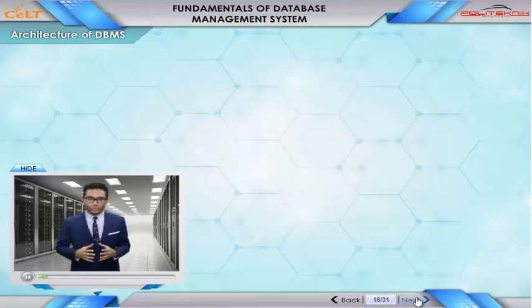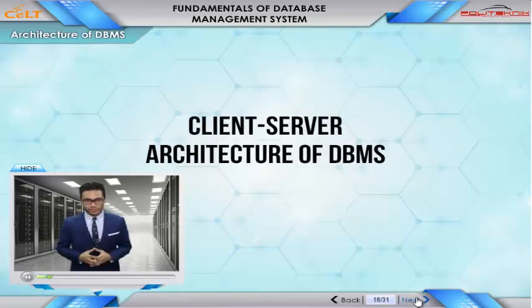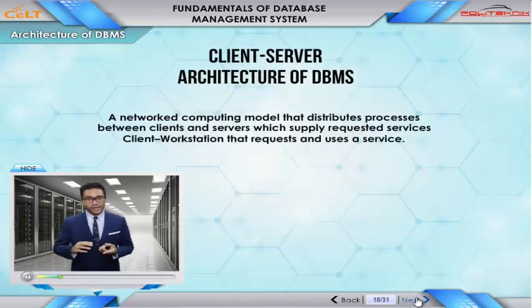Now let's move on to client-server architecture. Client-server architecture of DBMS is a networked computing model that distributes processes between clients and servers which supply requested services. A client is a workstation, usually a PC, that requests and uses a service.